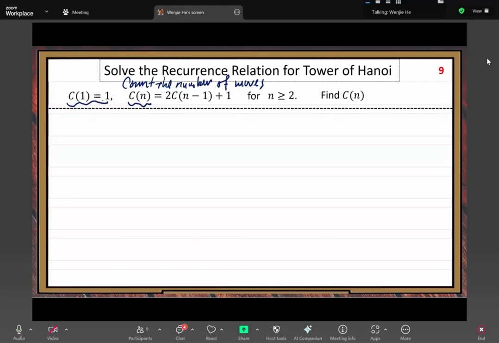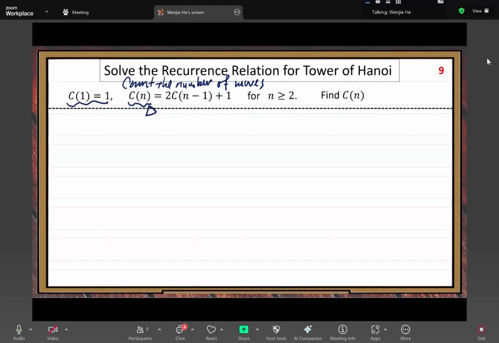After that, the general formula. When we need to solve the n-disk problem, how many moves? We use the function capital C of n representing the number of moves.